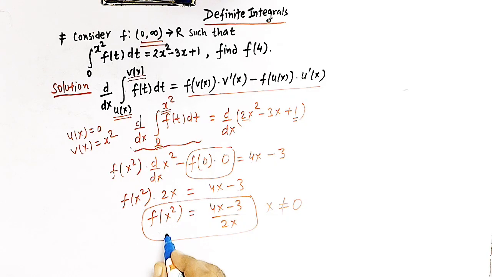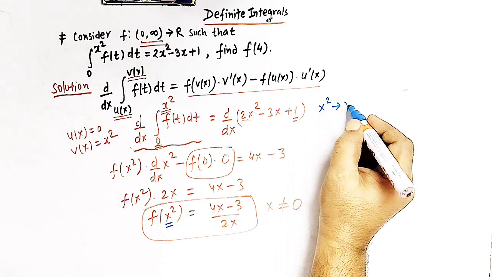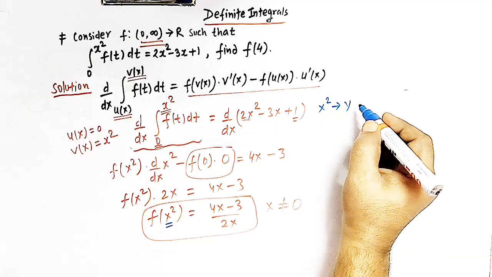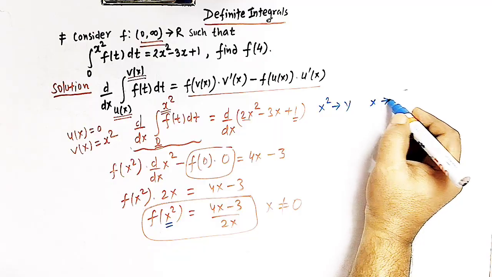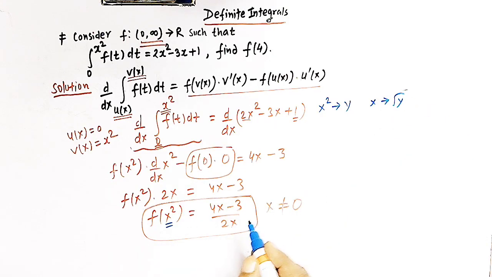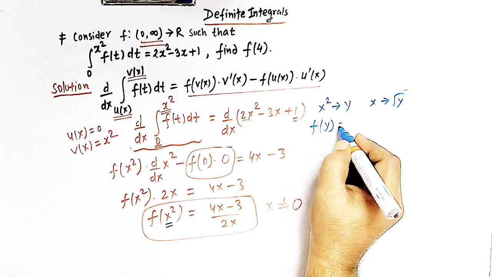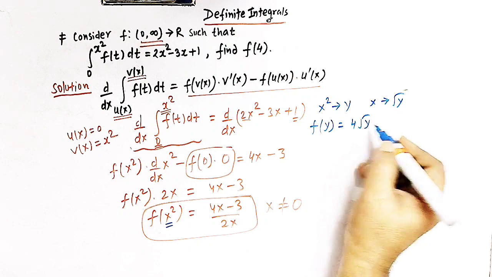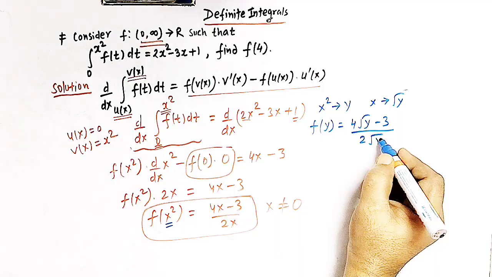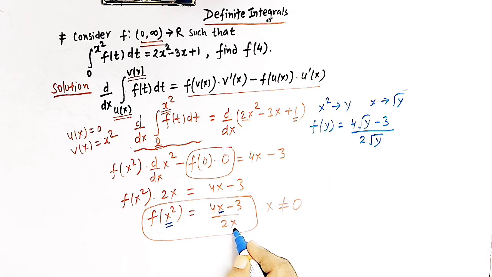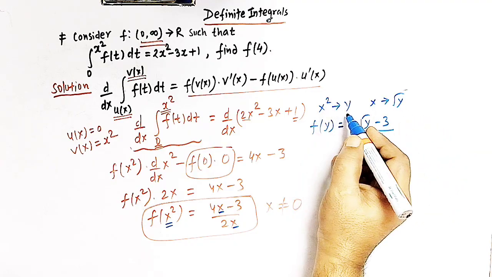So now let us replace this x square with other variables, say y. So when we replace x square by y, it implies that we are replacing x by square root of y. So now this functional equation takes the form f of y, that is equal to 4 times square root of y minus 3 divided by 2 times square root of y. So here we have replaced x by square root of y and x square by y.